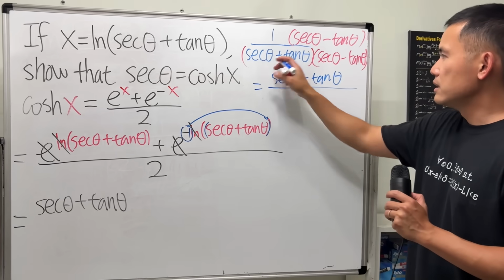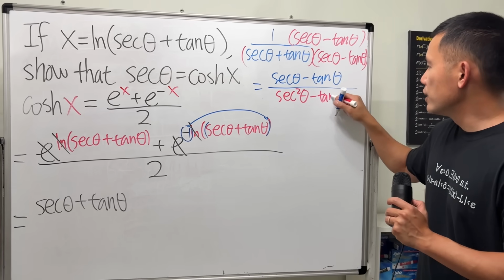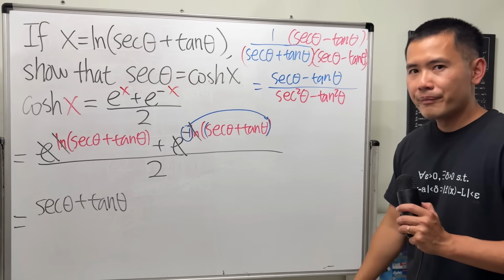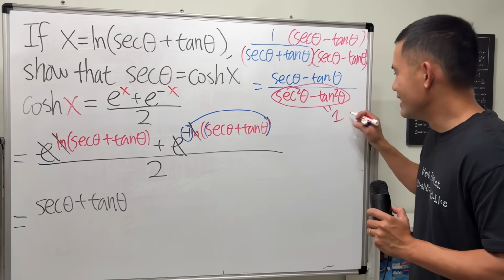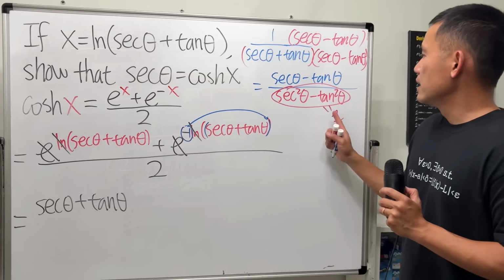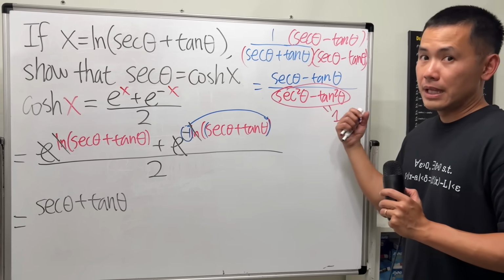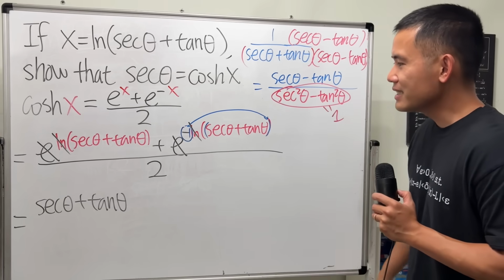And the bottom is secant squared theta minus tangent squared theta. And the truth is, this right here is just equal to 1. So nice. Yeah, because tangent squared plus 1 is equal to secant squared.